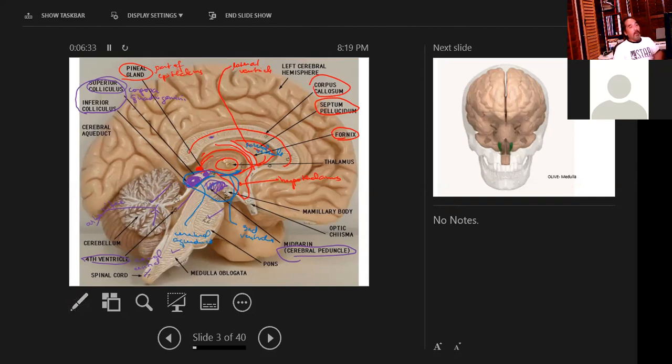Everything's the brain. But the specific structure I'm pointing at is the corpus callosum. When I ask what specific structure I am pointing at, it's the arbor vitae, not the cerebellum. All right, so those are the different structures there.